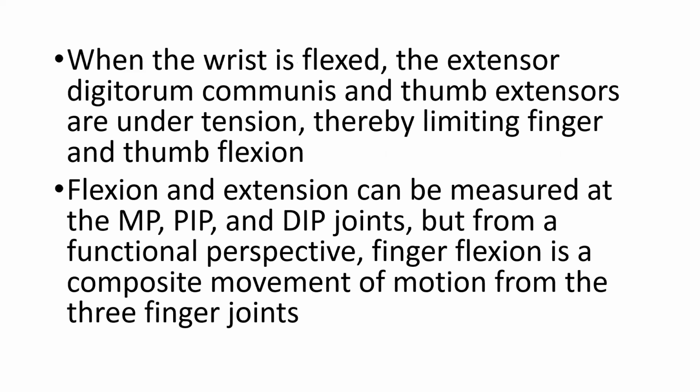Flexion and extension can be measured at the MP, PIP, and DIP joints, but from a functional perspective, finger flexion is a composite movement of motion from three finger joints.